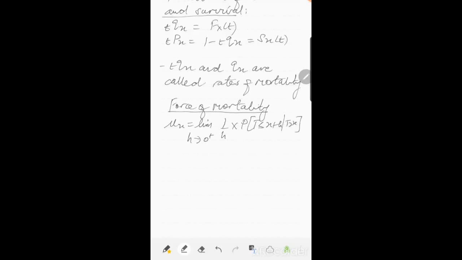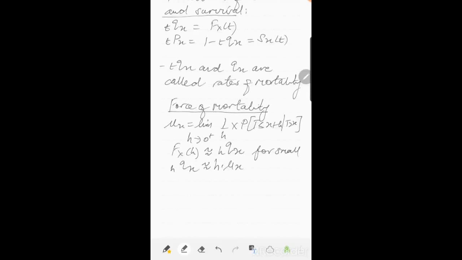This is further simplified to say that for small h, hqx is approximately equal to h mu x, where mu x is the force of mortality.